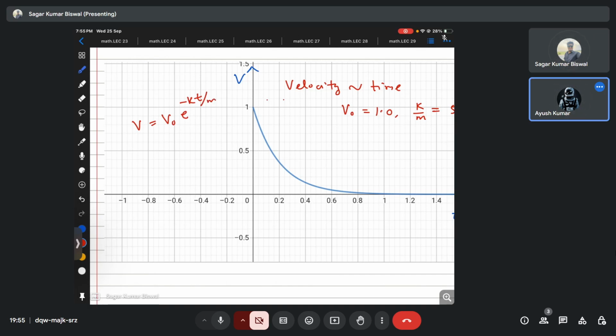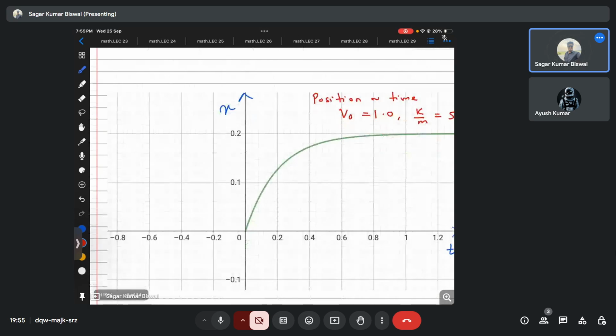And here, what is position? x is mv0 by k multiplied by 1 minus e to the power minus kt by m.